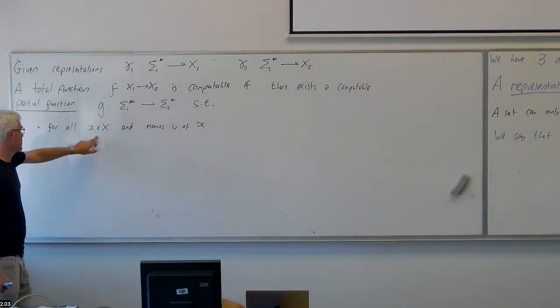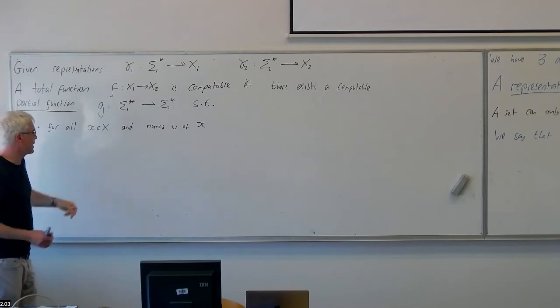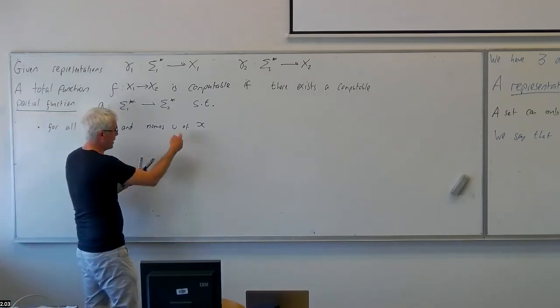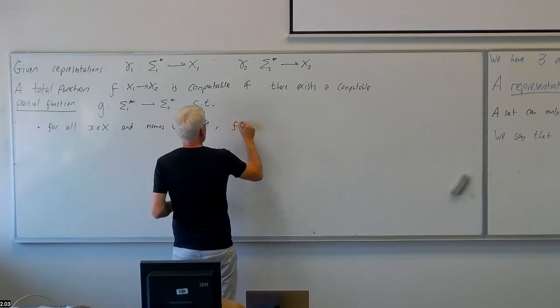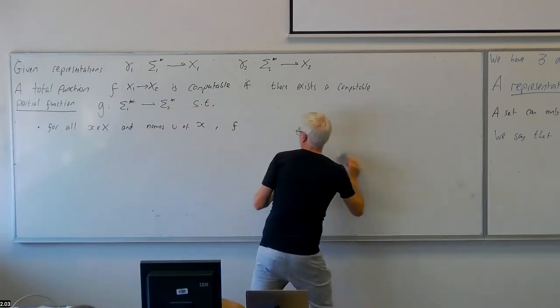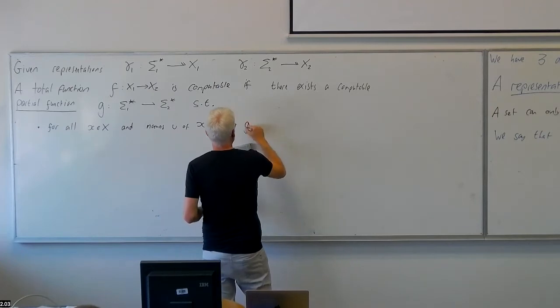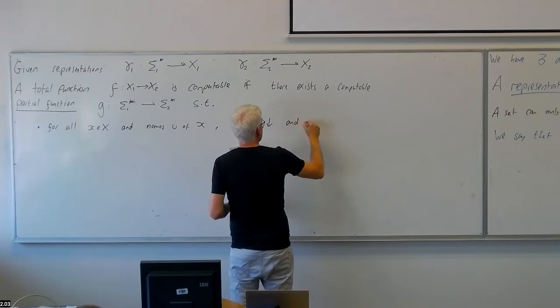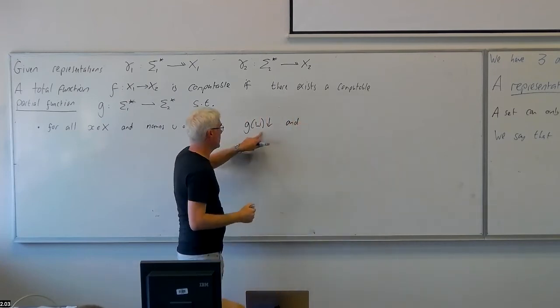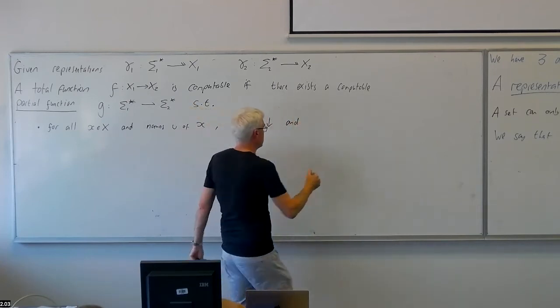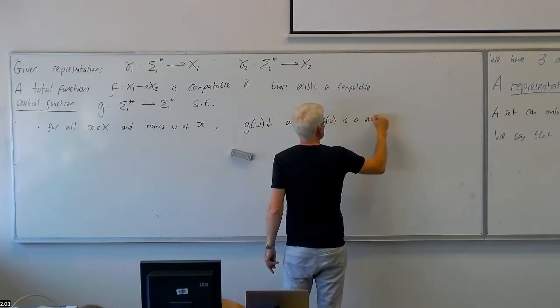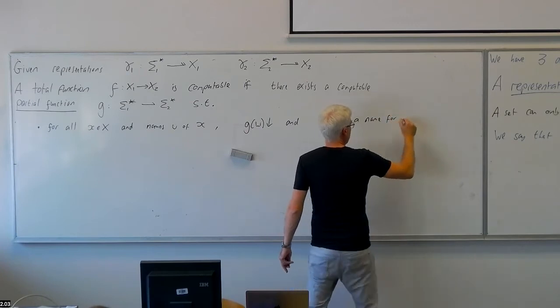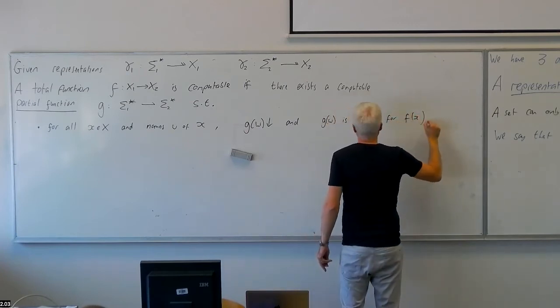And we require that for any x in the set and for any name w of that x, that G of w is defined and G of w is a name for f of x.